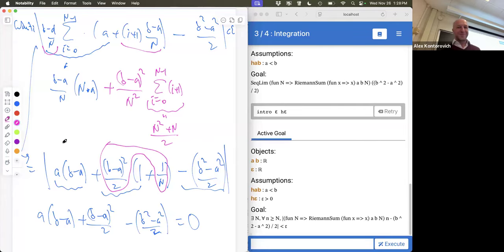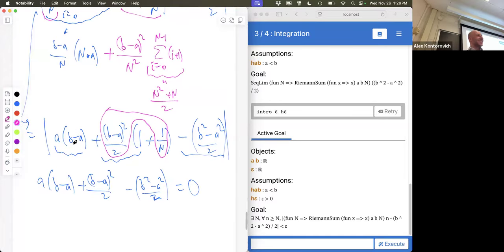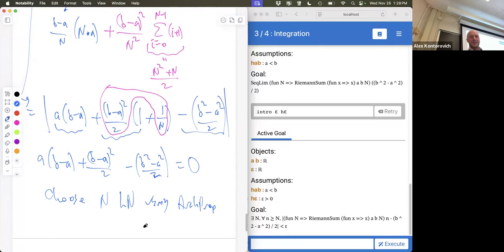By arch prop. What's that? Arch prop is, yeah, if the right Riemann sum's the devil, arch prop is the angel in heaven, the gift that keeps on giving. Exactly. So we're going to choose N, with intro N and N, using arch prop with what value of epsilon?